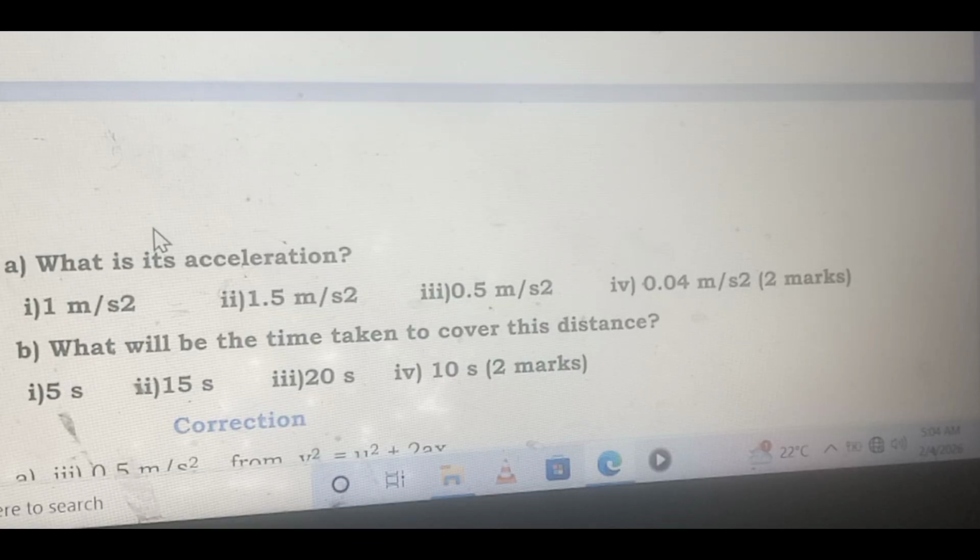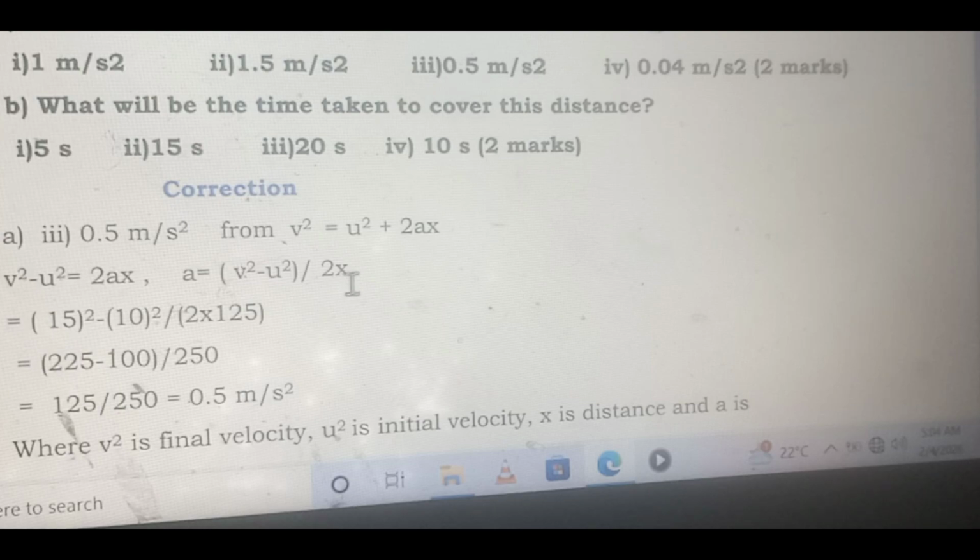From these three formulas, according to the data given, we are going to use the last one to find acceleration. The formula is final velocity squared equals initial velocity squared plus 2 times acceleration times displacement, or the distance.